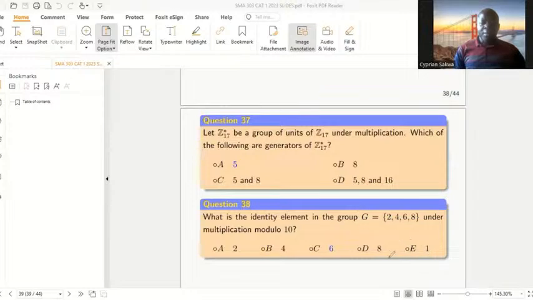You know what the identity element does: it doesn't change the elements. Now, this is a multiplication, so you multiply that identity by the element.